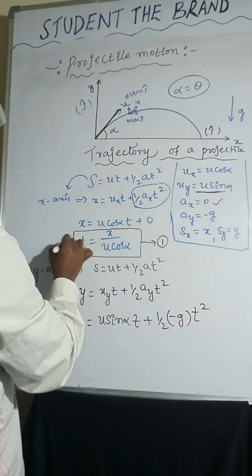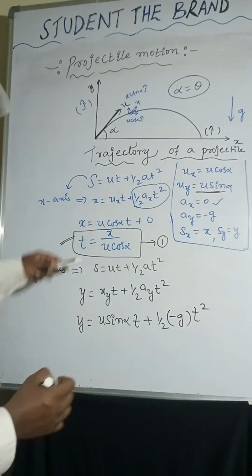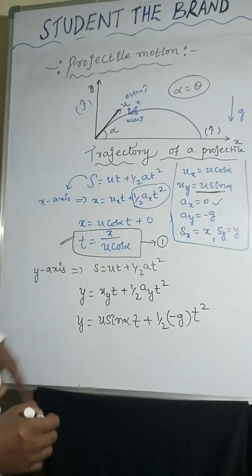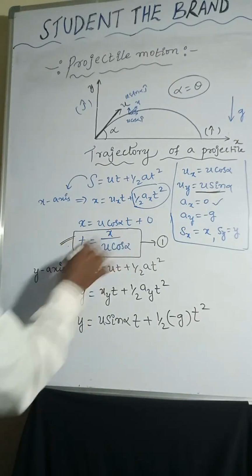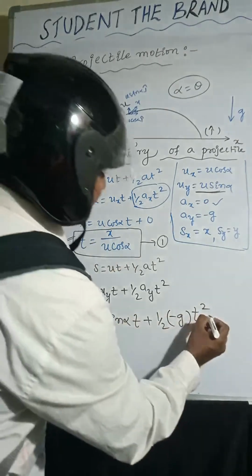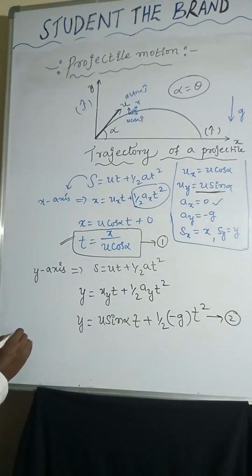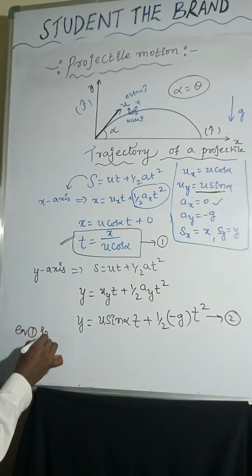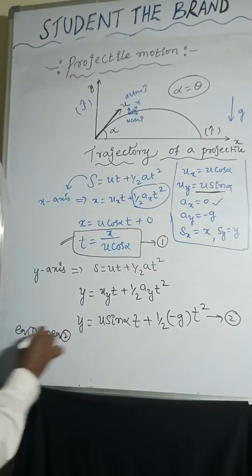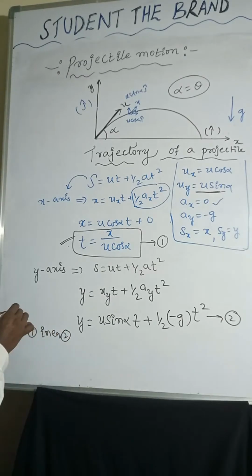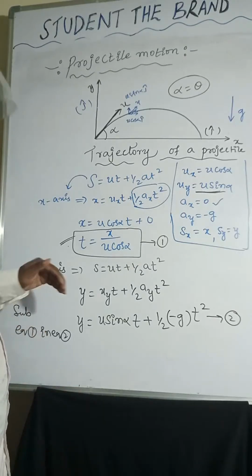So in the first equation, what is the t value? t equal to x by u cos alpha. So take equation 1 and substitute it in equation 2.